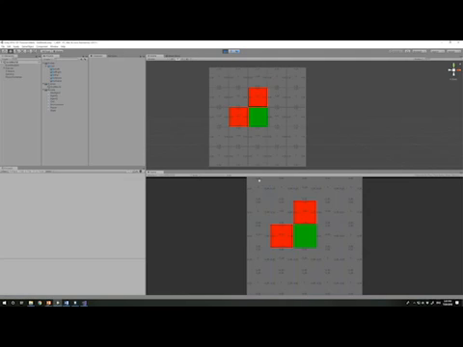Since we didn't update the policy, the state transition probability is just 0.25, and the expected value for this cell after the first iteration is 0 because the neighboring cells' expected values are just 0, so there's no update. But if we look at this cell, the next cell has a negative 1 reward value, so this cell's expected value is negative 0.25.